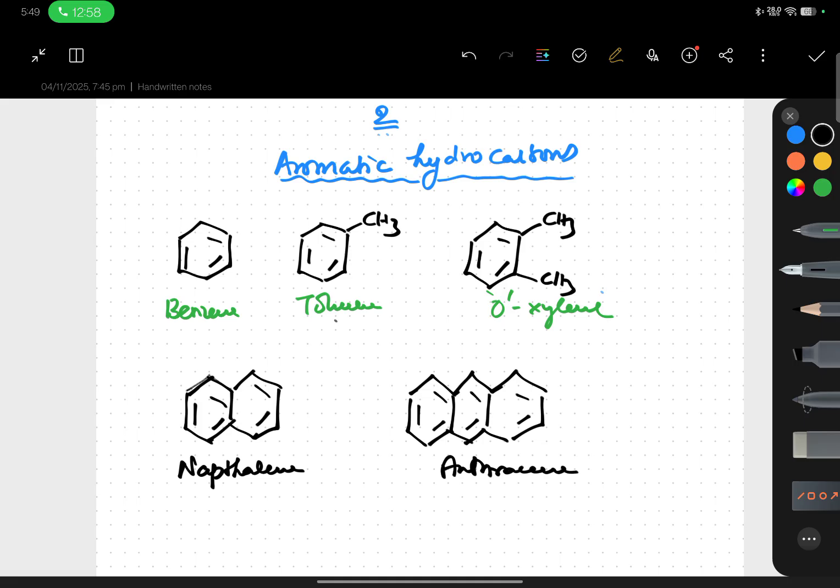These are all benzene-like aromatic hydrocarbons, but they have fused benzene rings. Copied, ma?